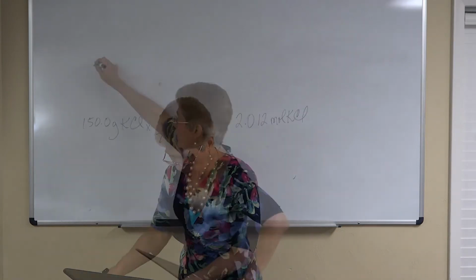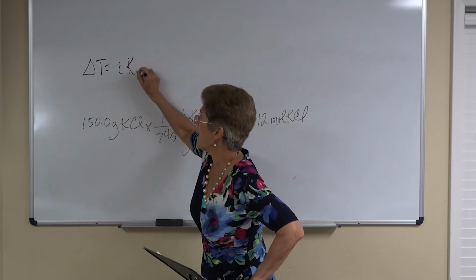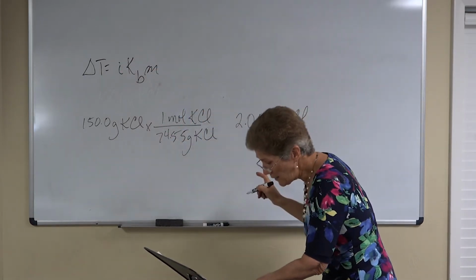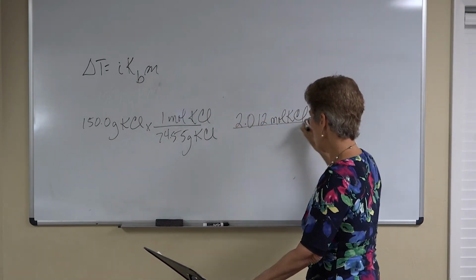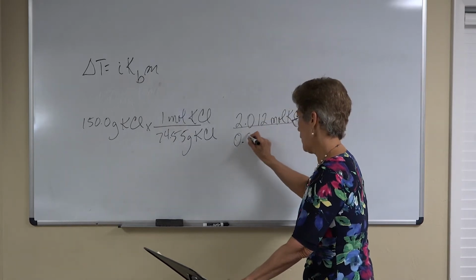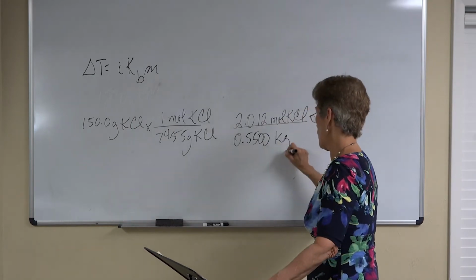What is the boiling point of the solution in number 9? The boiling point change is going to be i Kb molality. The molality we figured out was this many moles divided by this many kilograms of water.